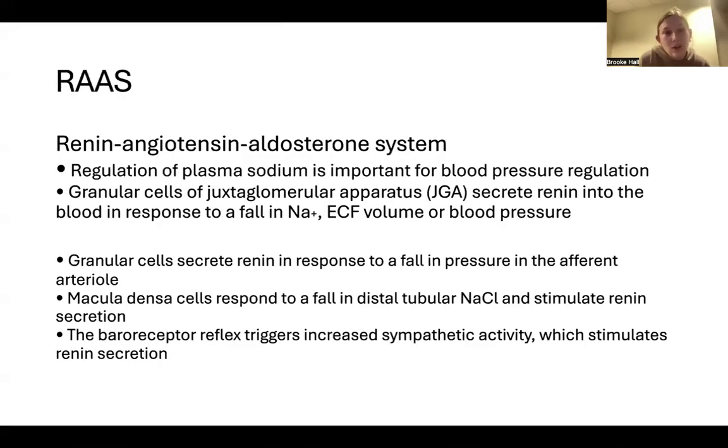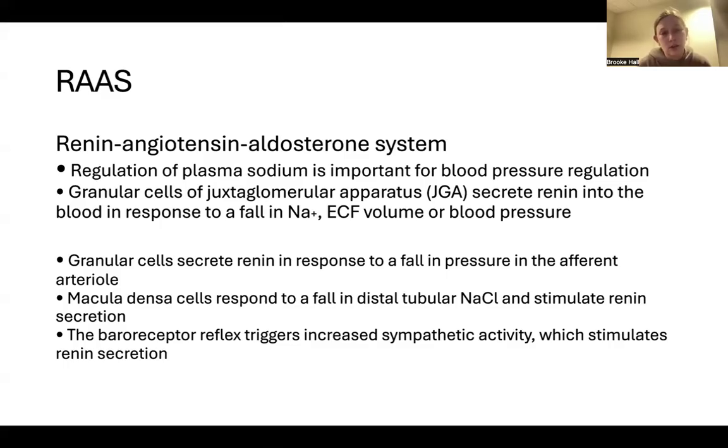RAS, also known as the renin-angiotensin-aldosterone system, is the regulation of plasma sodium, which is important for blood pressure regulation. The granular cells of the juxtaglomerular apparatus, or JGA, secrete renin into the blood in response to a fall in either sodium, extracellular fluid volume, or blood pressure.